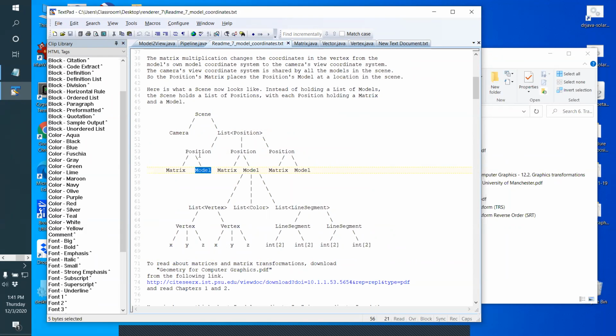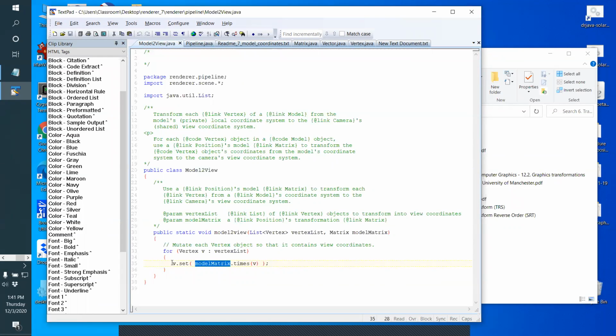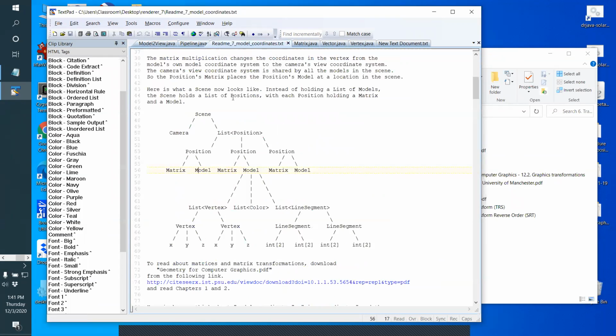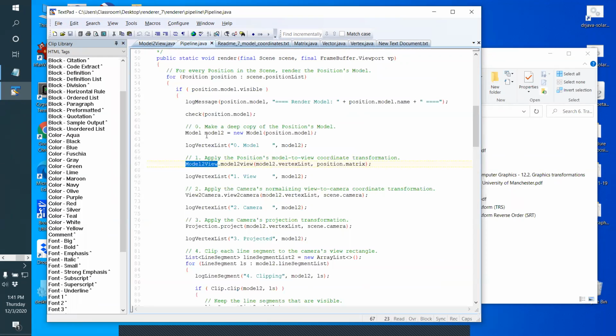Right now this is set up to mutate the vertices, so it applies this matrix to every vertex in the model and updates the vertices. Before doing that, the renderer makes a copy of the model. It actually does this on a copy of the model. Right now the renderer starts off by making a copy of the model. So this is model 2.